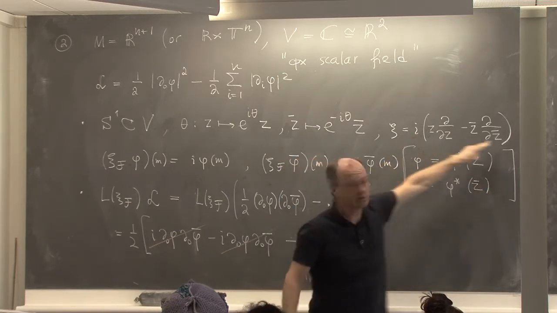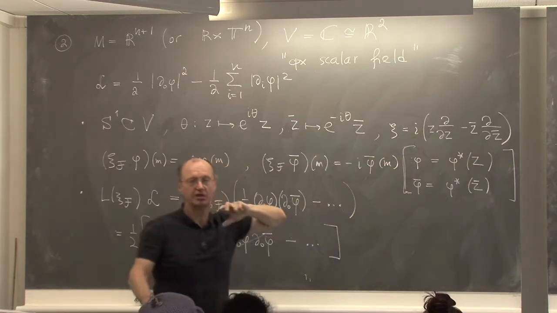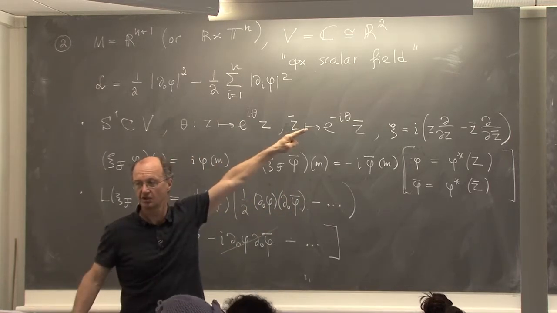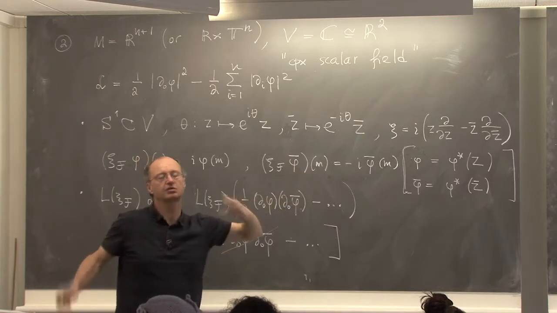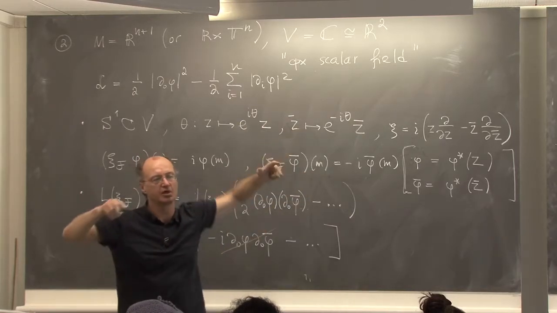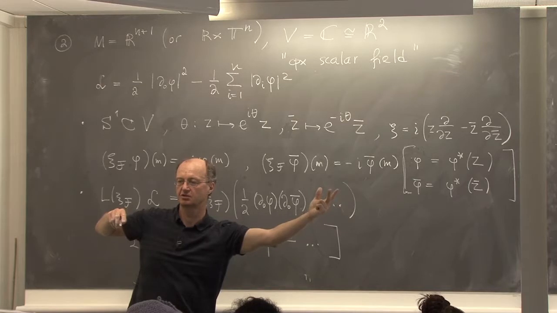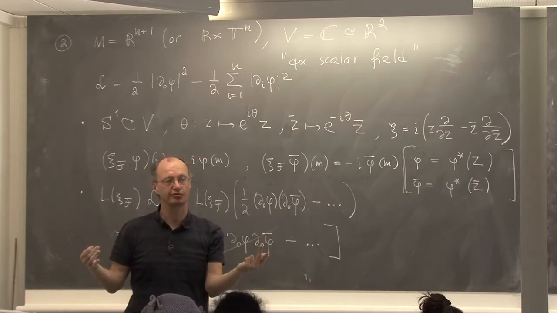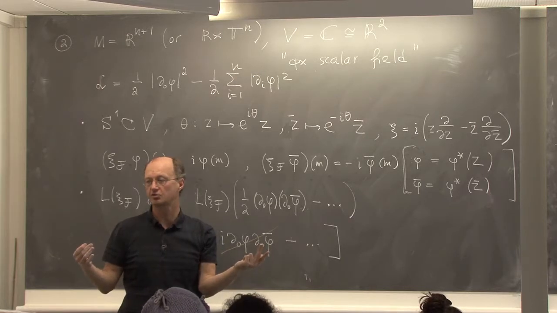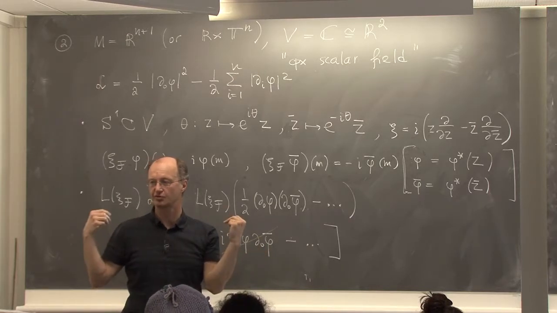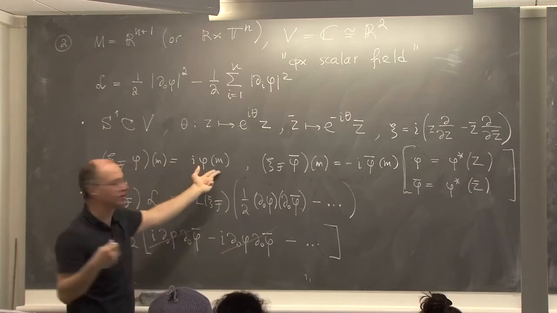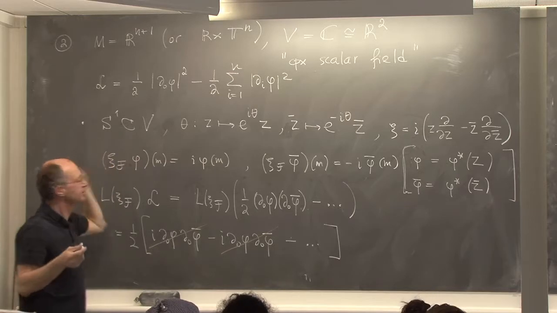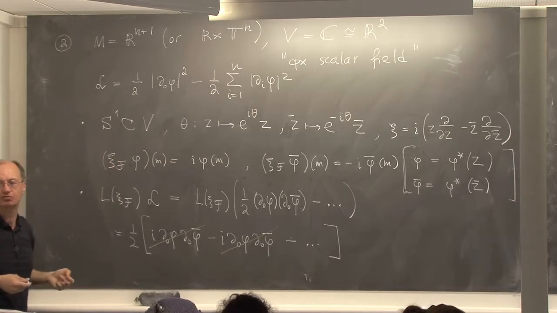So I am composing this map with a vector field on V. That's one of the ways to obtain a vector field on the space of maps, which is what we were discussing before. That's just the composition formula that we had before.